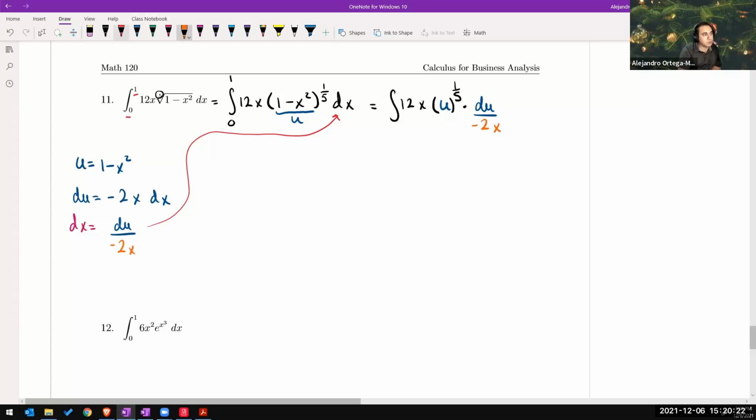Okay, so it's showing promise. I can cancel the x's. Then I have essentially 12 divided by negative 2, which I'll factor out because they are constants. And now we have the integral of u to the 1/5 du.